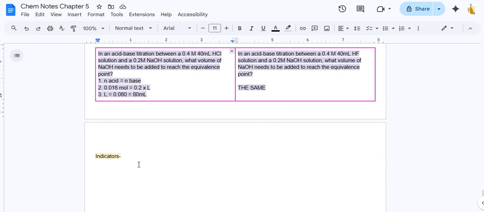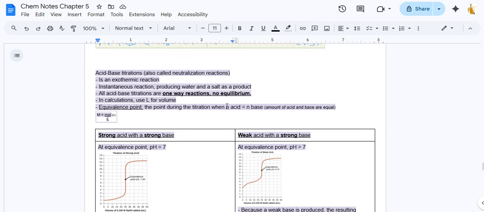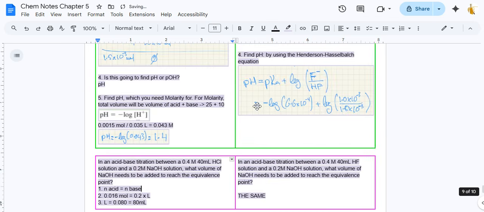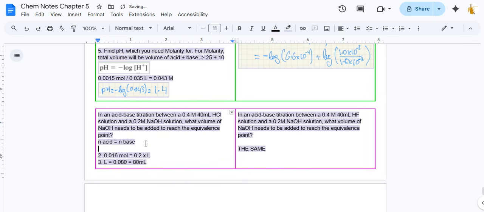To do this, it's easier. You just use the definition for equivalence point, which is the moles of acid equals the moles of base. So if it asks for equivalence point, put the moles of acid equals the moles of base. And you have the molarity of both solutions, but only the volume for one.